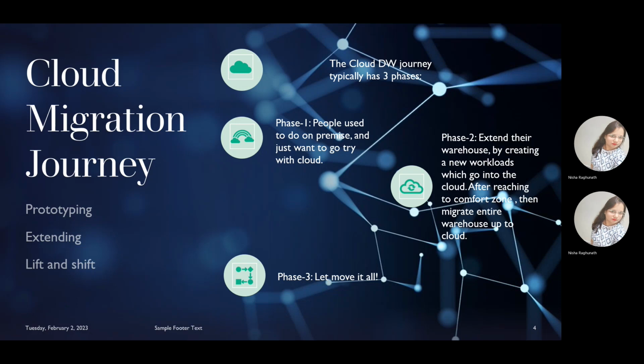Now coming to our first step, the cloud migration journey. Typically, the cloud migration journey goes through three phases: prototyping, extending, and lift and shift. Phase one is where people think that they already have on-premise data, so they will go and try the cloud.